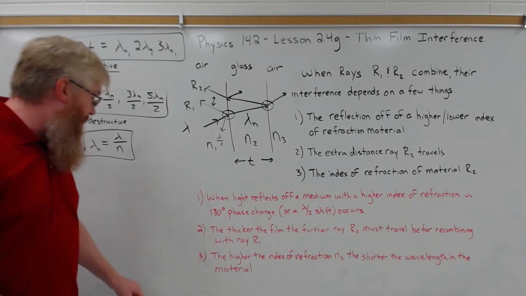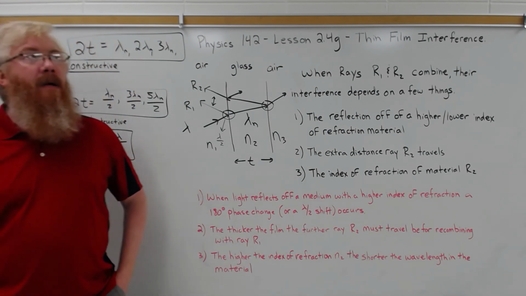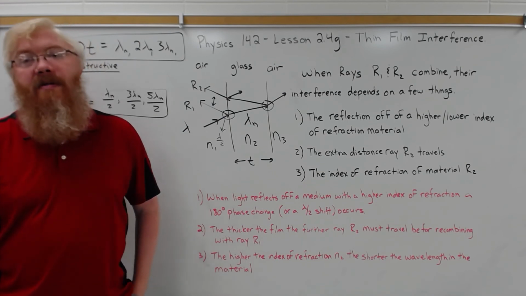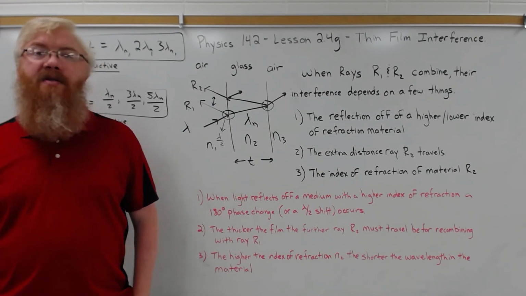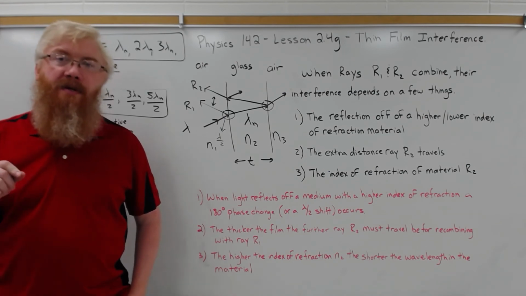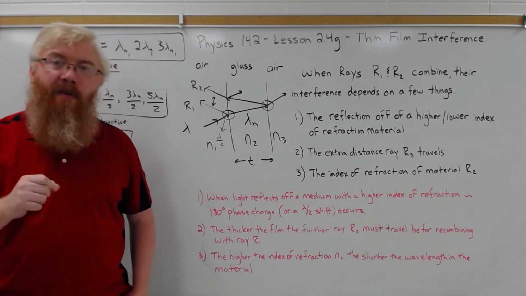Now, why use thin film interference? Why do we care? Well, we can take advantage of thin film interference. Well, you've experienced it, all of you. If you've ever looked at a soap bubble and you've seen the colors in a soap bubble, the pinks and the blues, that's due to thin film interference.